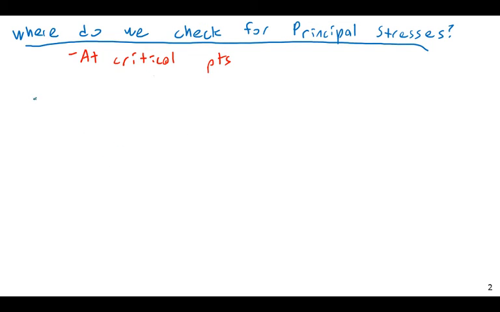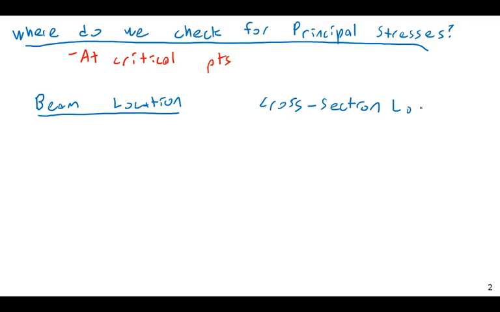So the critical points, we have a few along beam locations and cross-section locations. So basically we can see the state of stress varies along the beam and the cross-section.